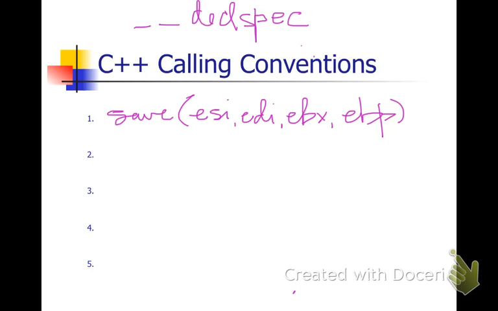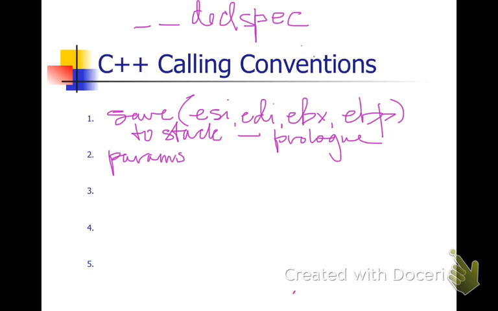So it's going to save those to the stack. This first step is called the function prologue.